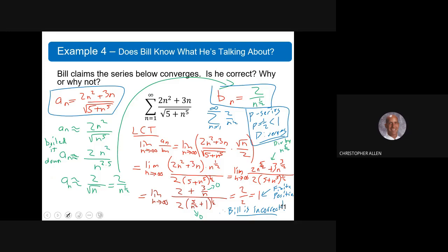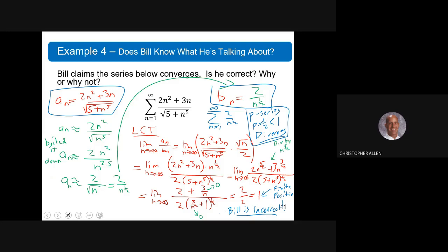Remember, we're not talking about if the sequence converges. We're talking about if the series converges, okay? And in this case, this series is not going to converge. It is actually going to go off to infinity and not be convergent. It's what we call divergent.